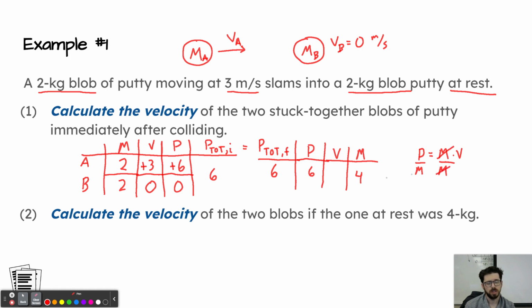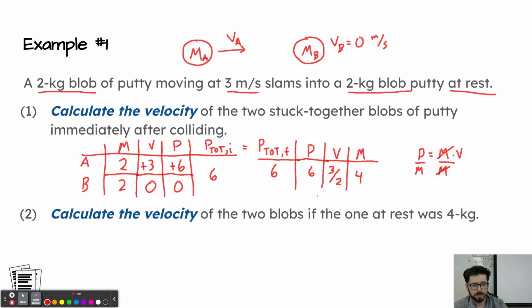And so our velocity will equal P divided by M, which is 6 divided by 4, which simplifies to 3 halves. Okay, and so that's it. That's our velocity. It would come out as 3 halves meters per second.